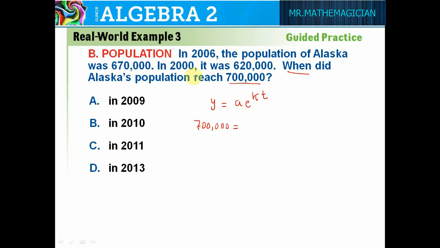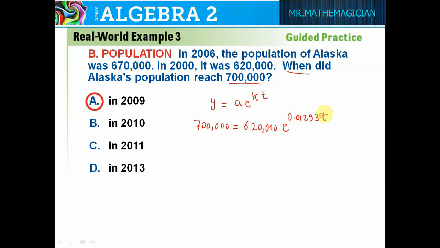It's better to take 2000 so that we can know in which year directly. So it was 620,000 e to the power of kt. t is the unknown, k is known from part A of this problem, 0.01293.